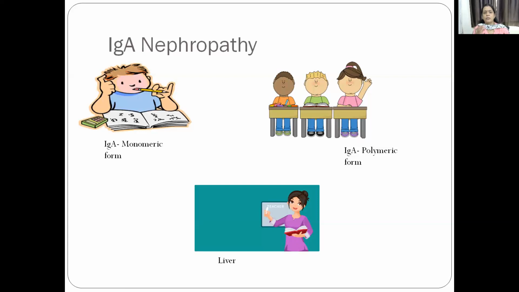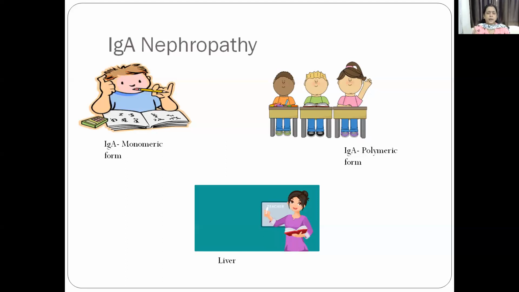So just remember, normal secretion of IgA is usually in the monomeric form. If in the polymeric form, it should be degraded by the liver. If there is any problem with the liver, it will not destroy the polymeric form. An increase in the polymeric form happens, and aberrant glycosylation happens. Because of this, more IgA gets deposited into the mesangium, thereby inducing an immune reaction.